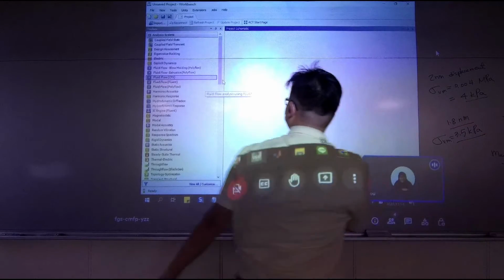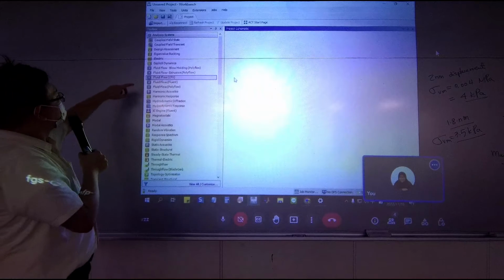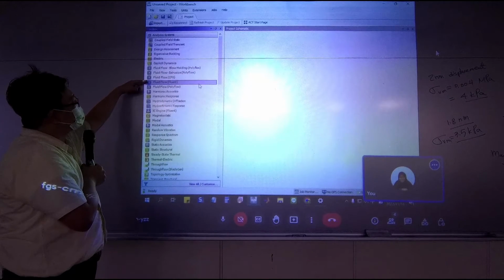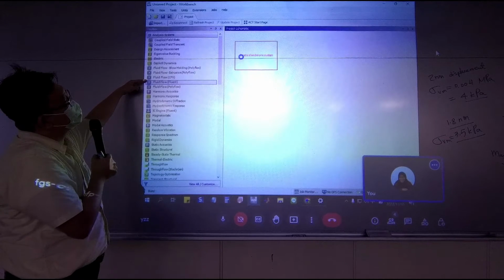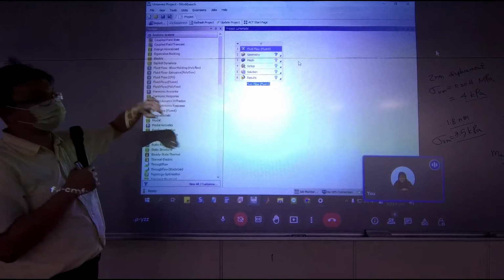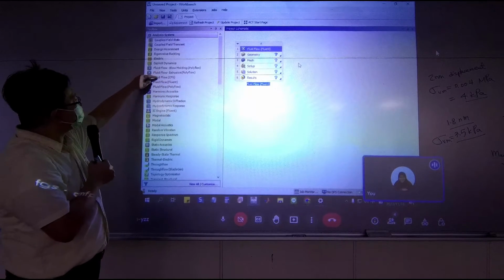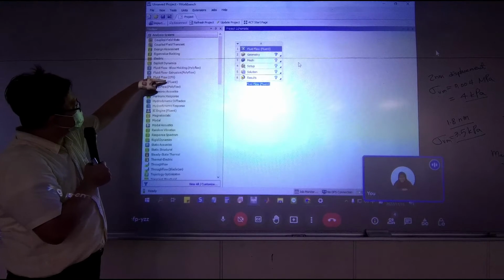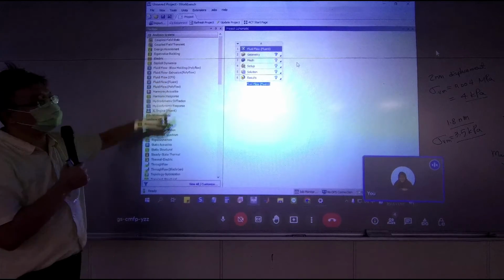Okay, so now let's try, hold on. Try Fluent, the second one. Okay, so how come there are many different kinds of fluid flow? CFX, Fluent, Polyflow, what does that mean?